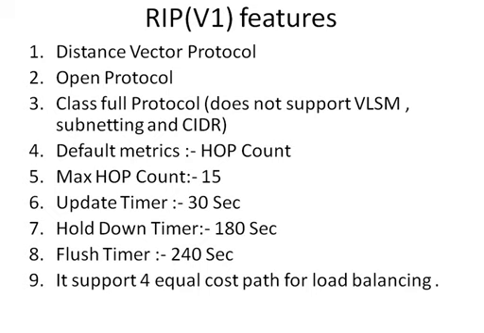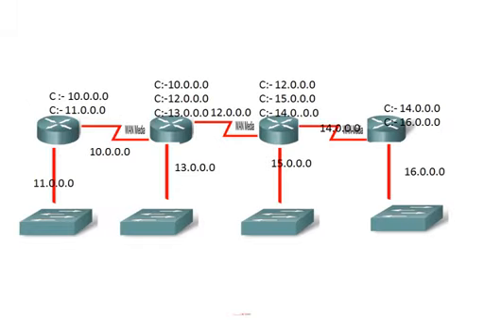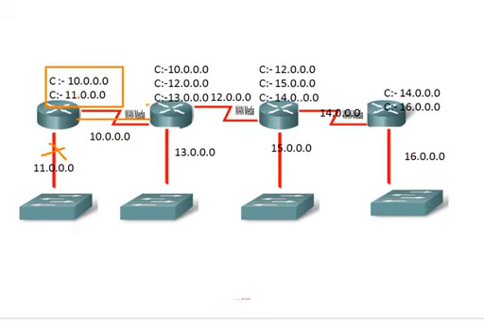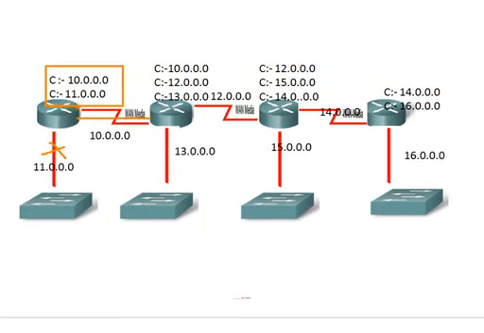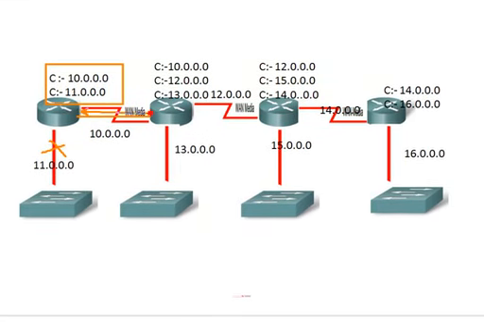Hold down timer is 180 seconds. What does it mean? In the first update, the router says it has the 9, 10 and 11 networks, and sends this to its neighbor. But if for any reason the 11 network goes down, in the next update this router will not send any information about the 11 network to its neighbor.